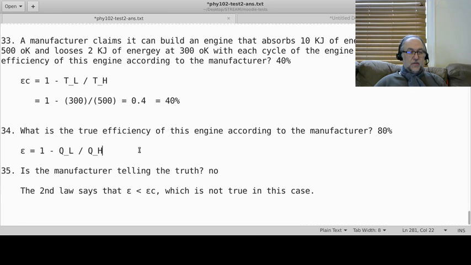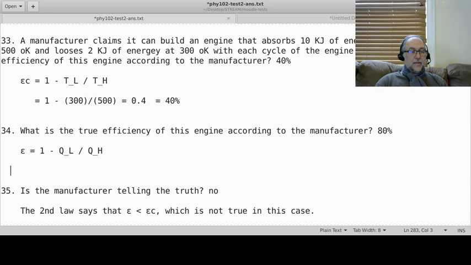Now, what's the true efficiency? Well, all right, let's do that. Now here, the true efficiency is basically 1 minus the amount of energy that's lost to the cold area, which is 2 kilojoules, divided by the amount of energy absorbed from the high, like that.